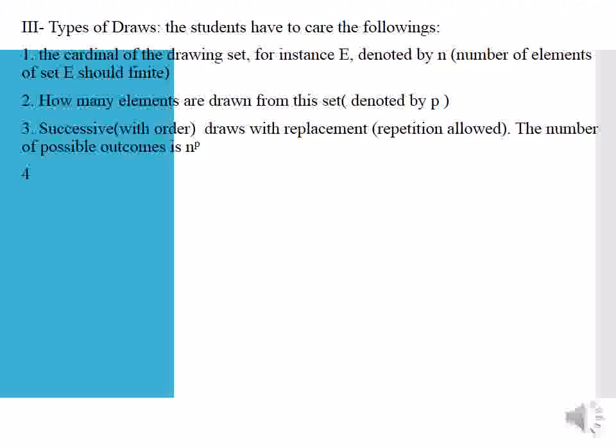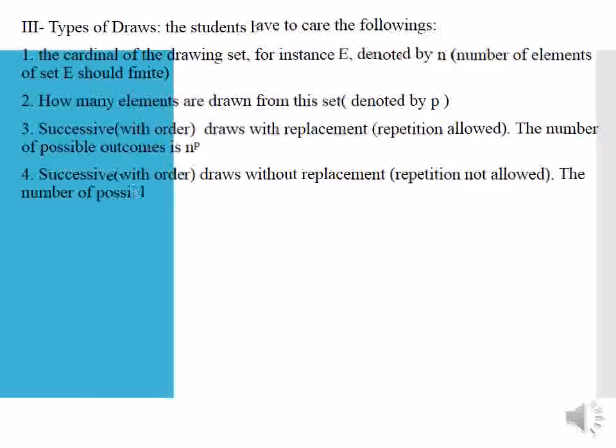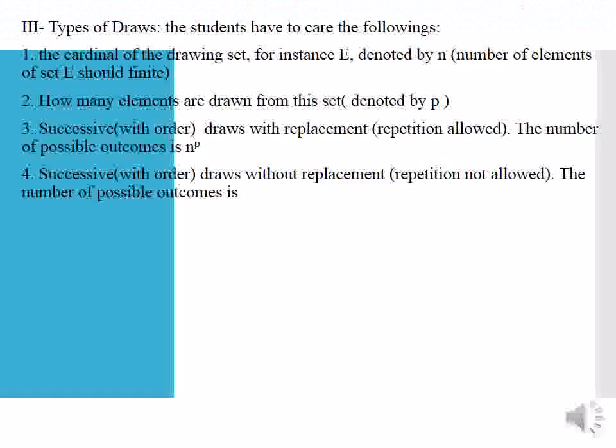The second is successive without replacement. In the first we have successive with replacement, and the second successive without replacement. Now we have to take care of the order of this experiment.